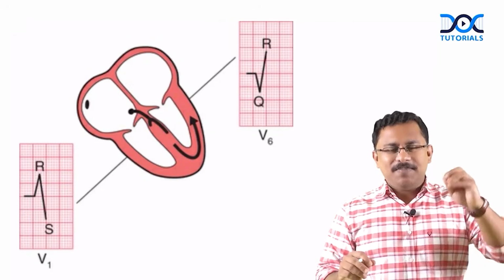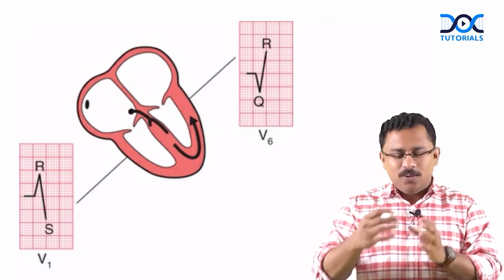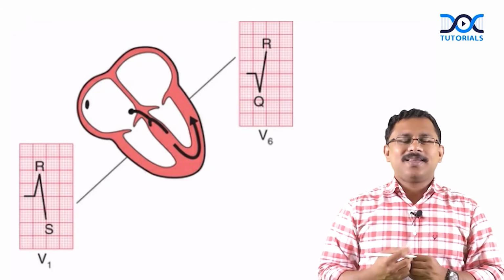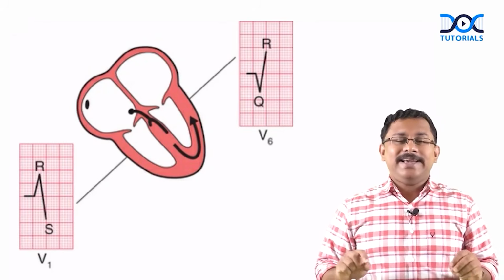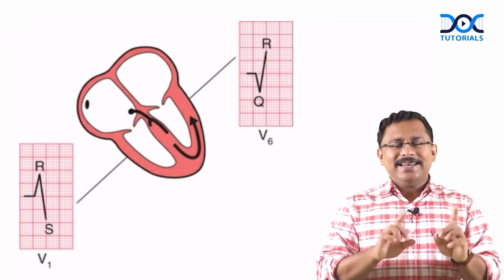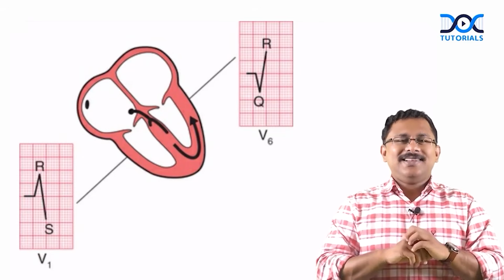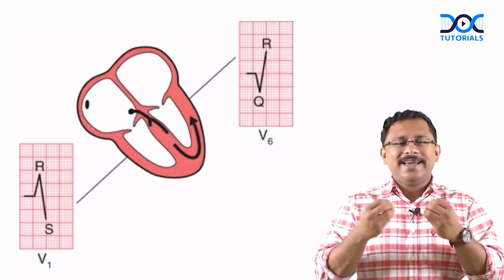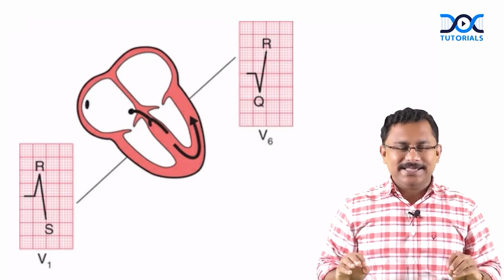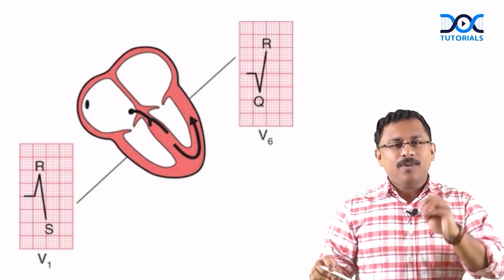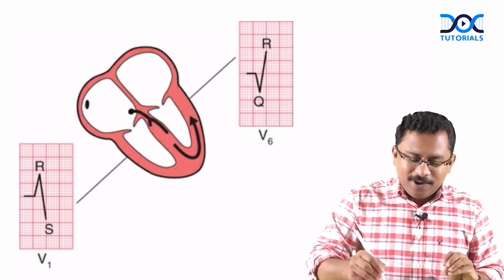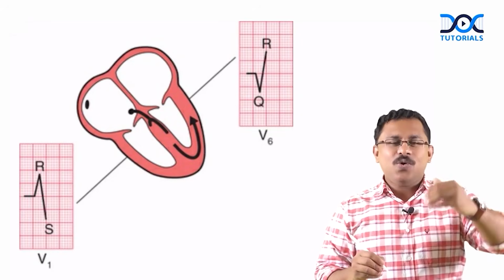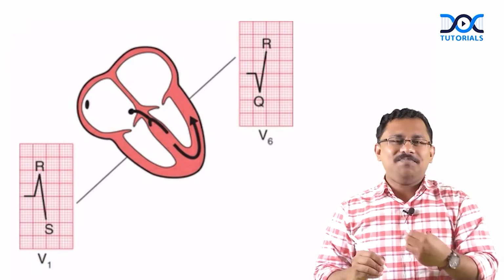Now the next step is the depolarization of the ventricular mass. So here again the impulse will travel down, and it is going to depolarize the ventricles. But remember, in the normal state, via the right and the left bundle branches, both the ventricles, left as well as right, were getting depolarized simultaneously. But here what will happen? You will have the depolarization of the left ventricle, but there is no right bundle branch to conduct the impulse.